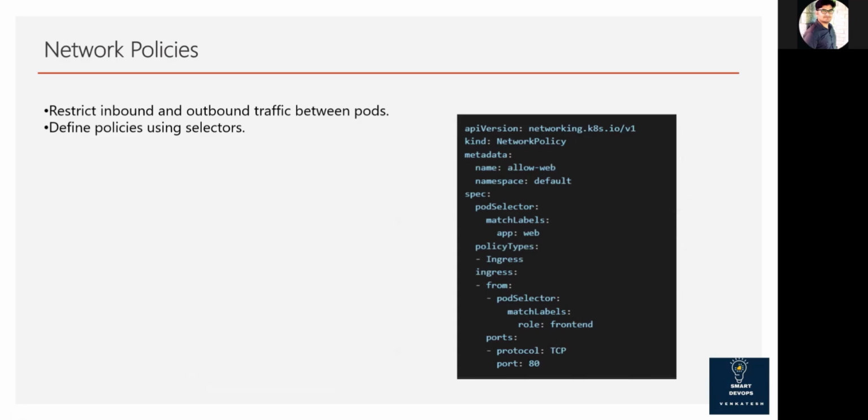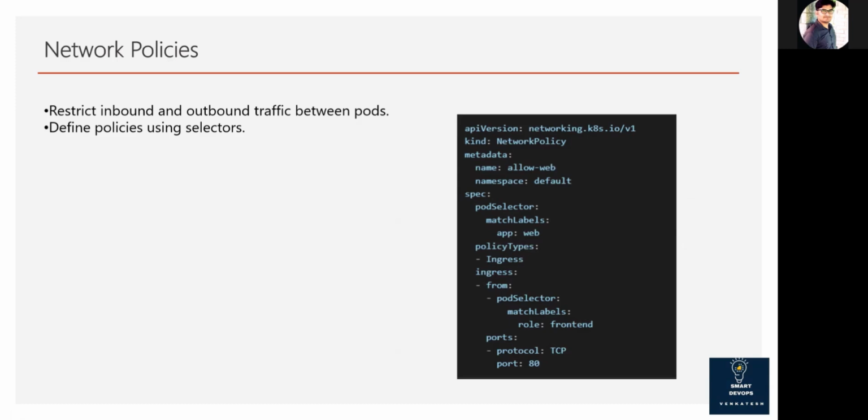As you know, in a three-tier architecture, the database pod will not be exposed to the external world. The DB will be exposed to the internal application and web application. So how can you restrict that? Using these network policies only, you can stop the DB from being exposed to the external world and expose it only inside the internal cluster. This is the beauty of network policies.